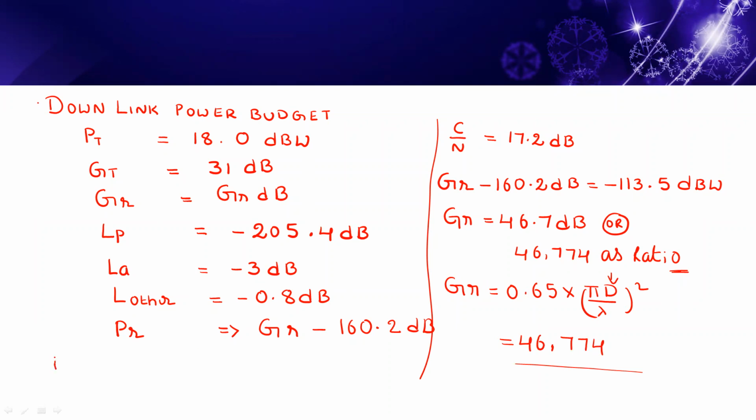So what is the conclusion here? At 11.45 gigahertz, what is the wavelength? 2.62 centimeters. Converting to meters, 0.0262 meters. From this answer, what is the diameter you are getting here?